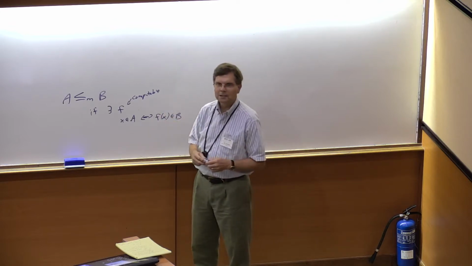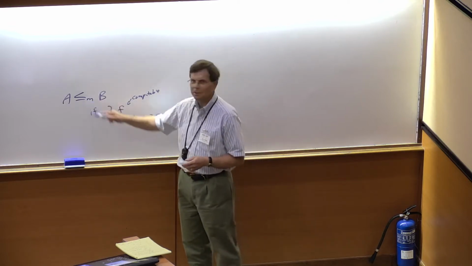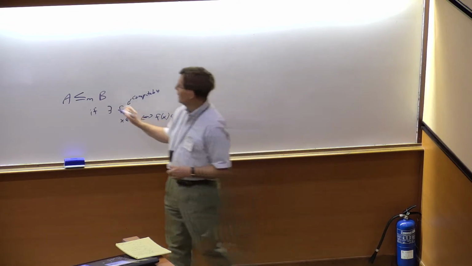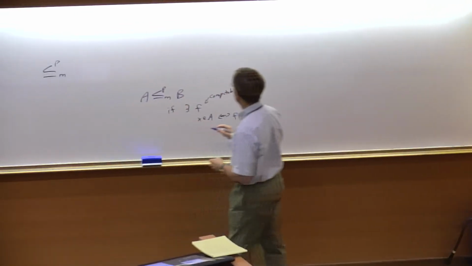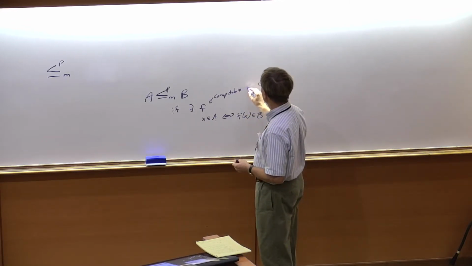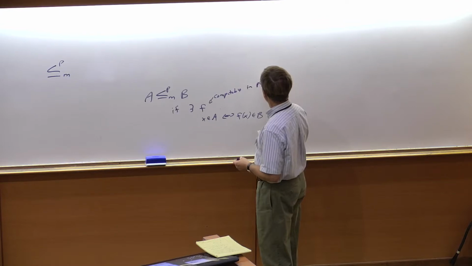Mathematicians are extremely conservative, and once a notation has been used, it's there forever. Polynomial time M reducibility is the same thing, but now f is computable in polynomial time.